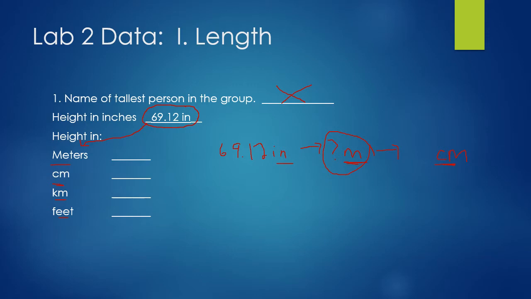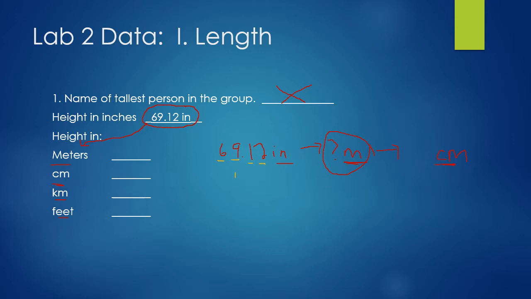When you put your answers in for each of these 4 different units, make sure that you are using significant figures. So since our original amount, 69.12, let's count the sig figs in that number. So all of the numbers are non-zero, so that means they're all significant.